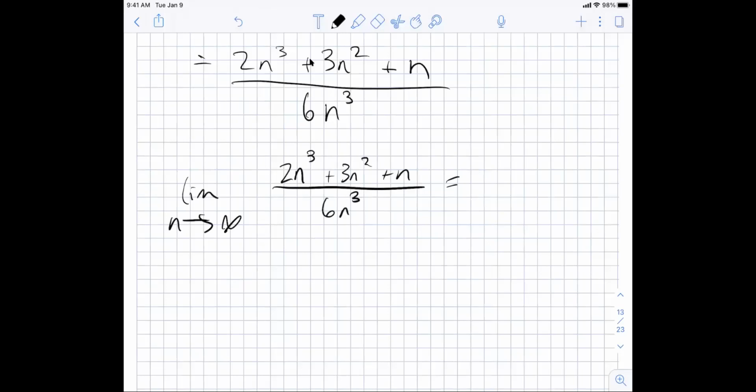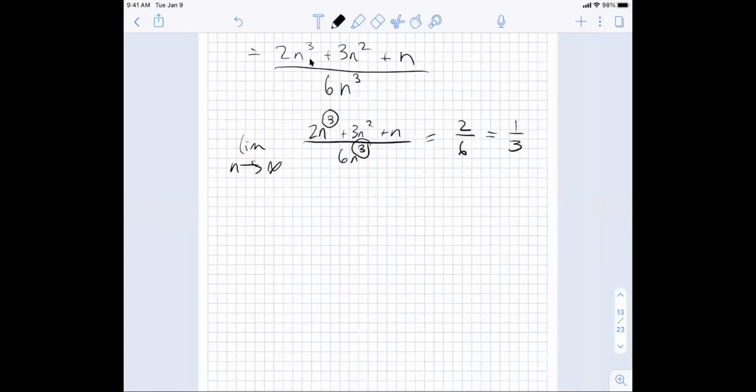And what is that? 1/3. 1/3, very good, because we get, again, a rational function where the degree of the top is equal to the degree of the bottom. And I'm looking at the limit as n goes to infinity. So I just divide the leading coefficients. I divide 2 by 6, which is just equal to 1/3.